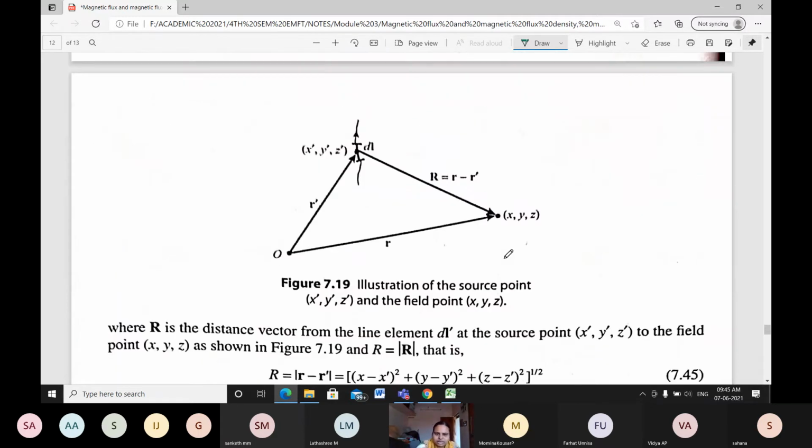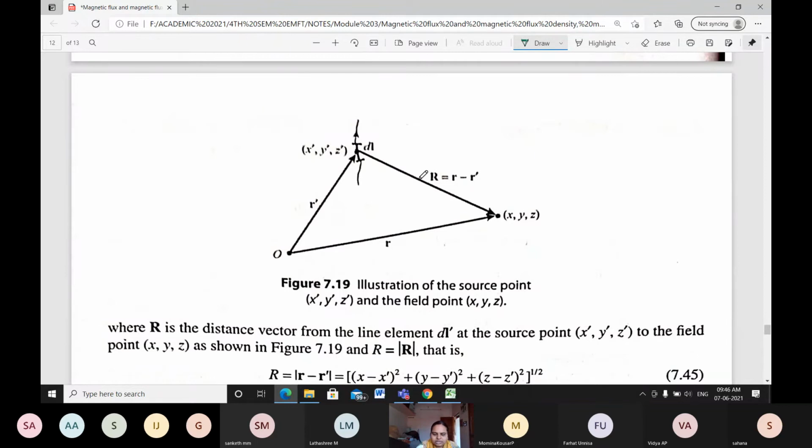Here the same thing is taken as in Coulomb's law: from O, a distance to the point where the field is kept, at the xy direction.